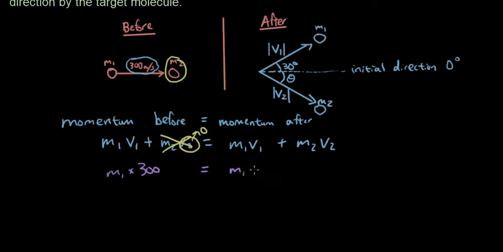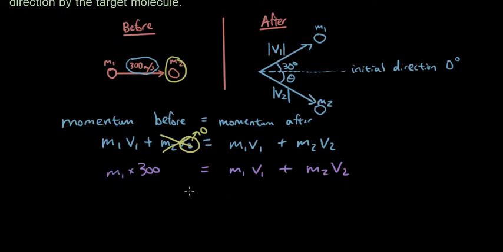And m2 v2, we don't know what v2 is. Okay, now unfortunately we need to take into account the direction of all the velocities. Because the velocity right now, v1, is moving to the right, whereas after the collision mass 1 is moving in this direction, and mass 2 is moving in this direction.